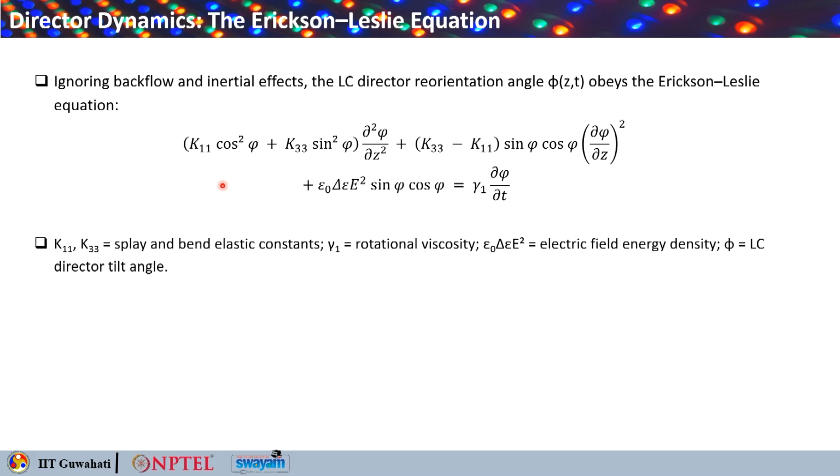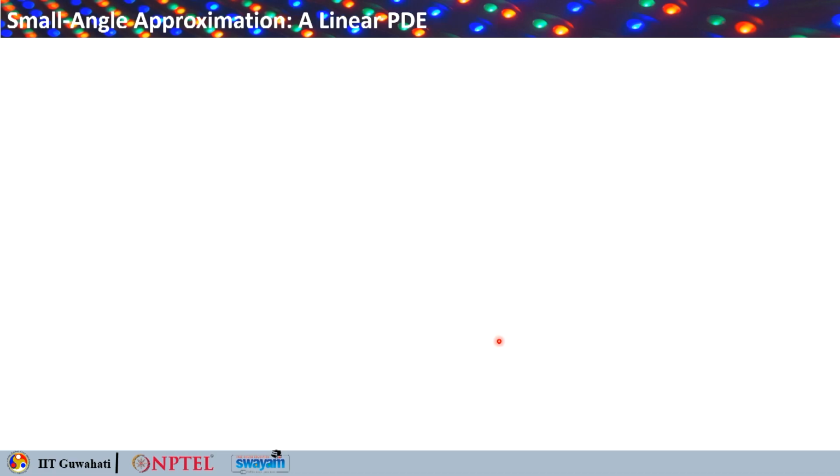Once again, K11 and K33 are the splay and the bend elastic constants, gamma 1 is the rotational viscosity, the term epsilon naught delta epsilon E squared is the electric field energy density, and phi is the liquid crystal director tilt angle. In general this nonlinear PDE can be solved numerically.